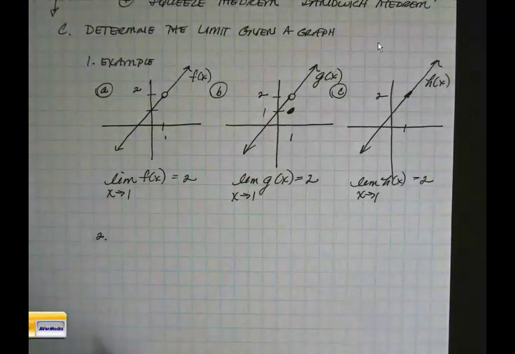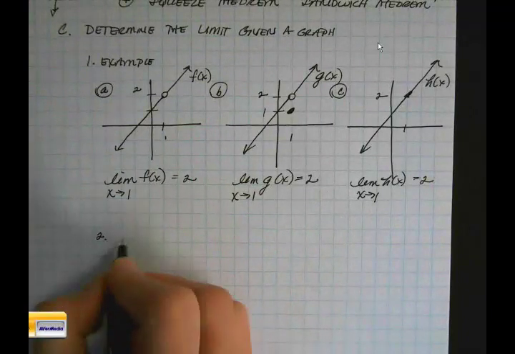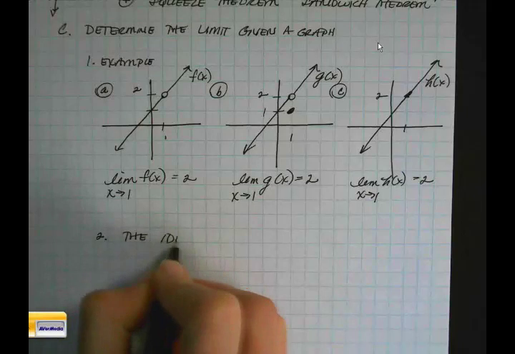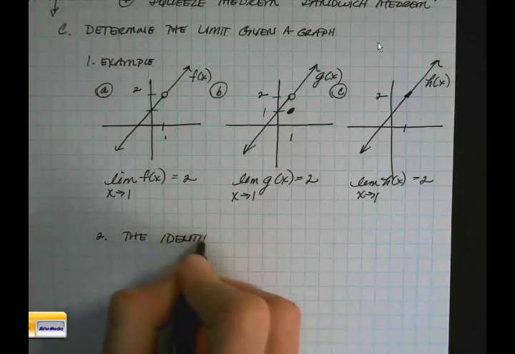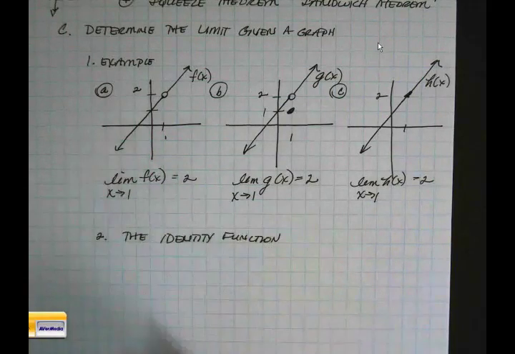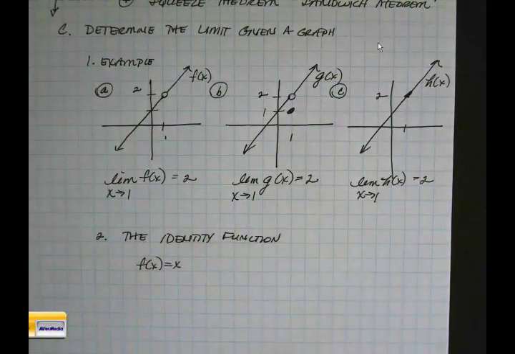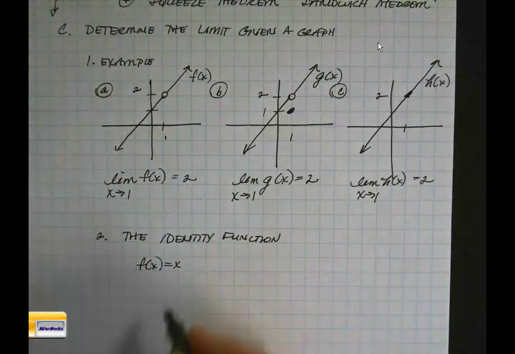Now we have some examples. The first one here, we're going to call the identity function. The identity function is f of x equals x.